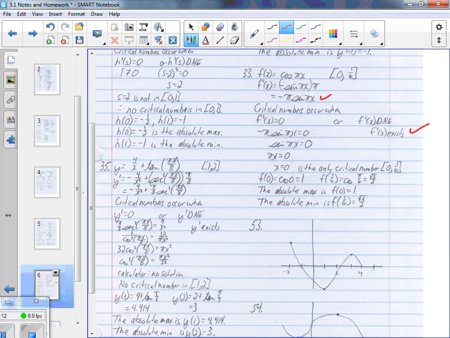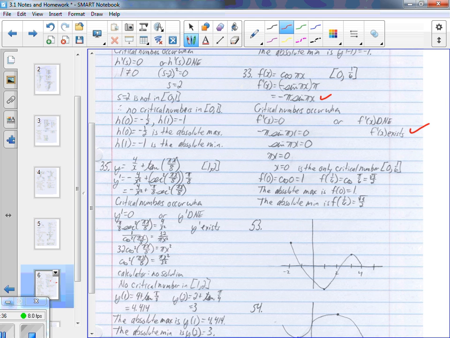So negative pi times the sine of pi x equals 0. Divide both sides by negative pi, and I get the sine of pi x equals 0. Well, on the interval from 0 to 1/6, when is sine going to equal 0? Only when theta equals 0.